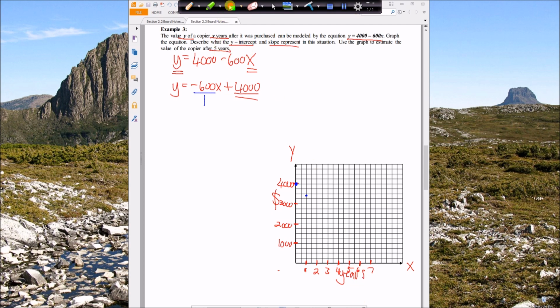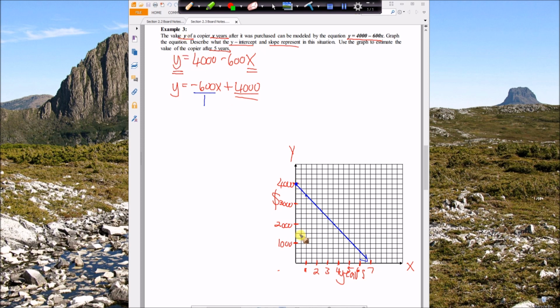So let's just draw a line through that. Let me pick the right color for the line. Let's just draw a line through those two, and it gets you basically over there. All right, so that's a fairly accurate sketch of this function. Okay, and so we've graphed the function, and now they say describe what the y-intercept and slope mean. So the y-intercept, it's easier to see on the graph, y is the value of the copier.